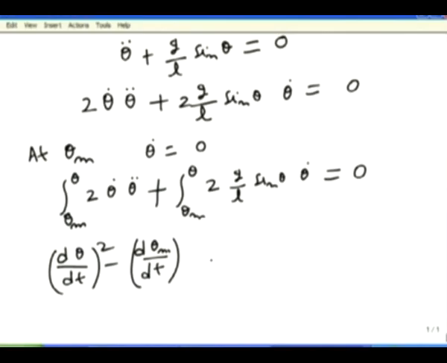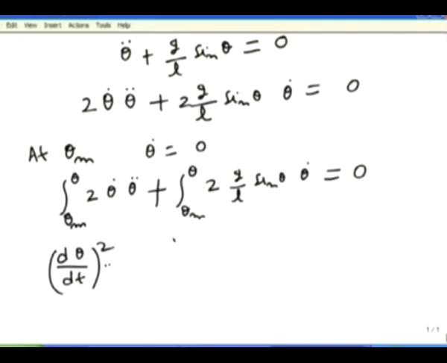So, therefore, this is not required. This is d theta by dt square, and this thing will become equal to plus 2 g by L sin theta, which can be integrated.